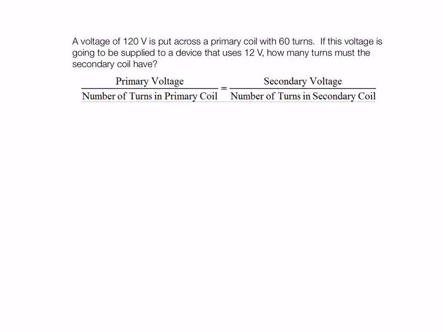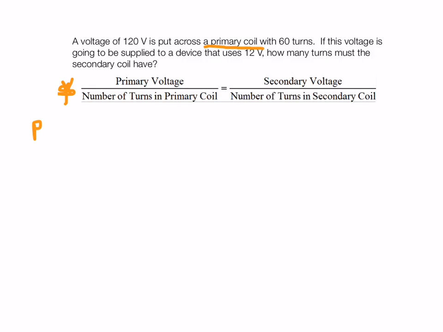So first of all, let's talk about what we know. We have information about the primary coil right here. So we're also going to use this nice little equation. From this particular question, we're given the primary voltage, and we're also given the number of turns in the primary coil.